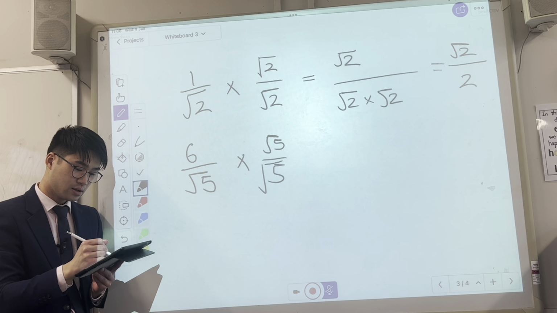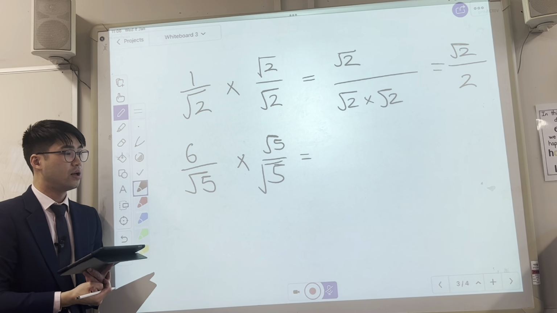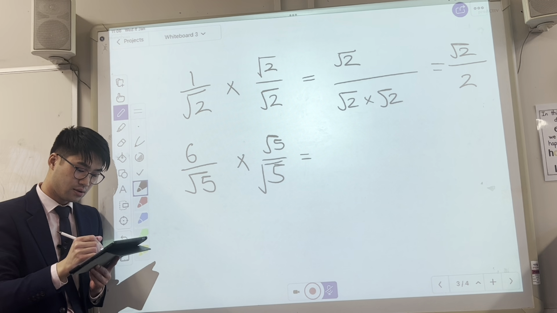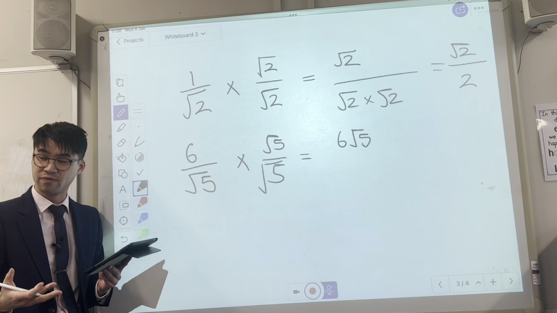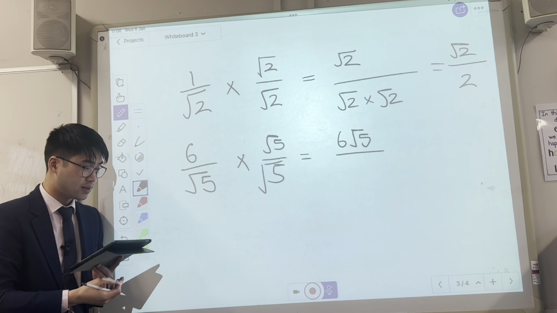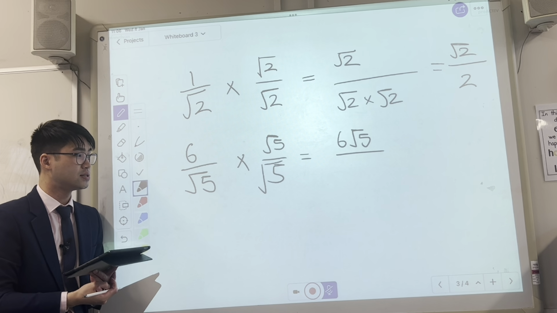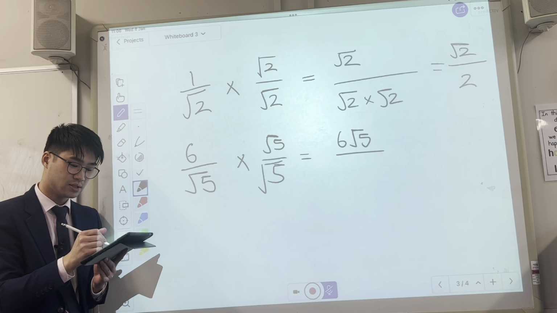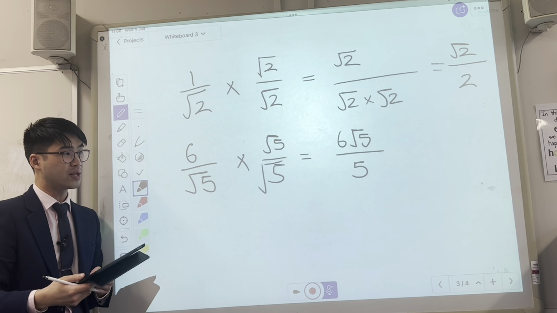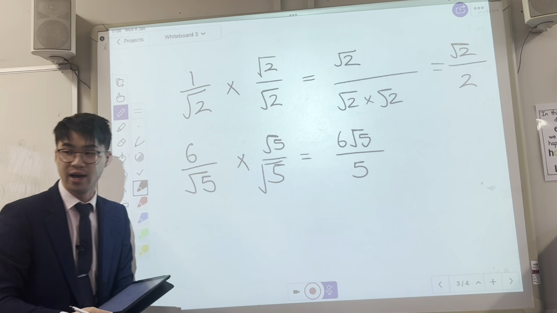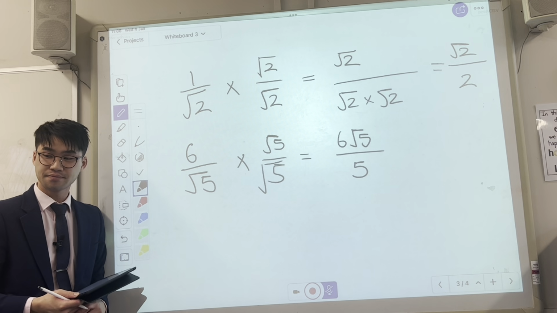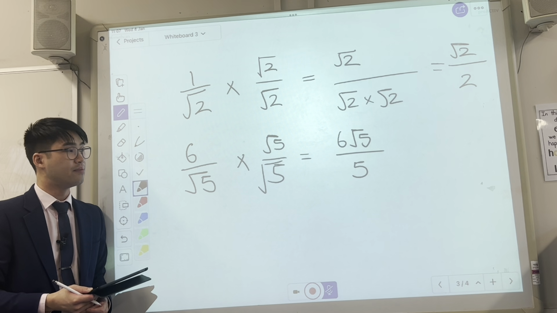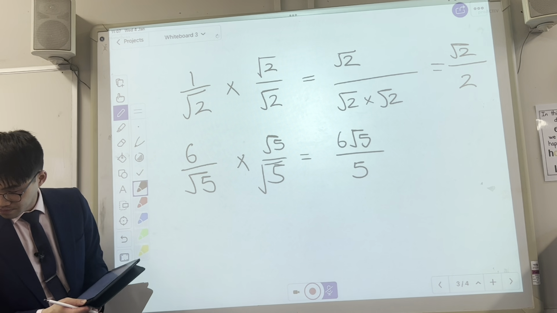And this should give you 6 times root 5, which is 6 root 5, and then root 5 times root 5 would give us just 5. And we can leave it as this. So 6 root 5 over 5, and that's our answer. If that makes sense, then I'm going to move on.